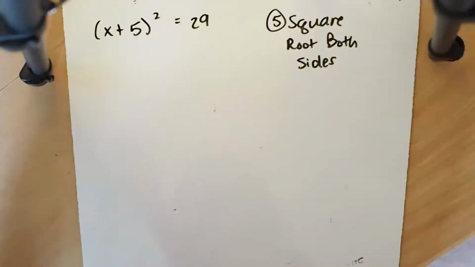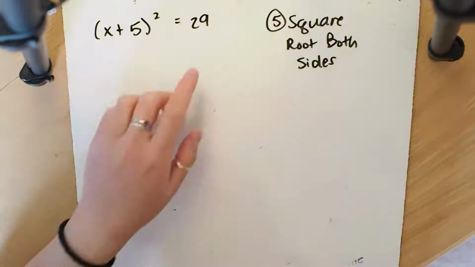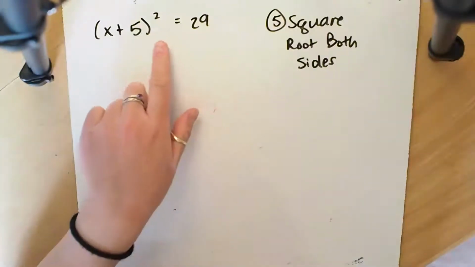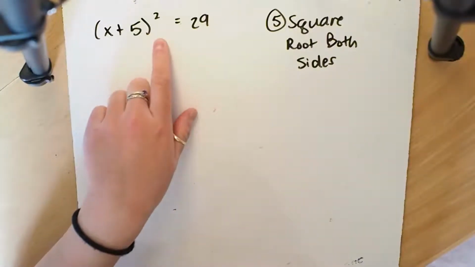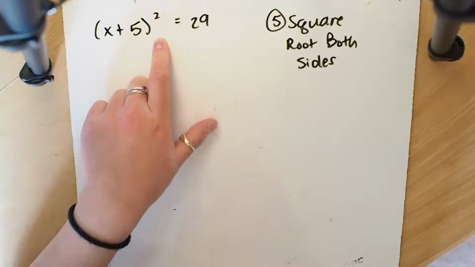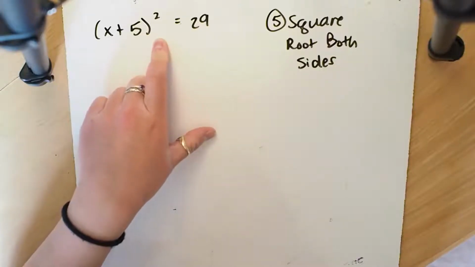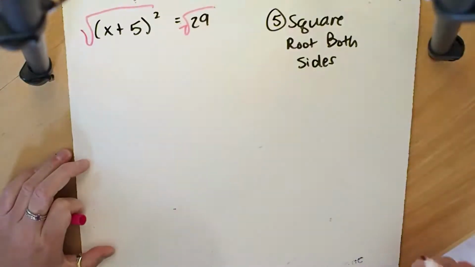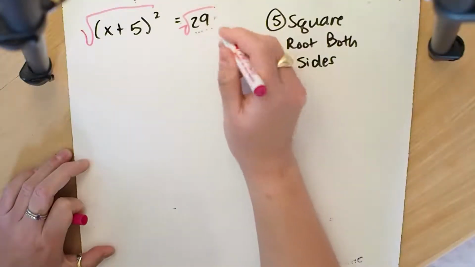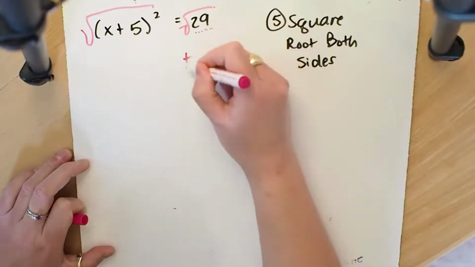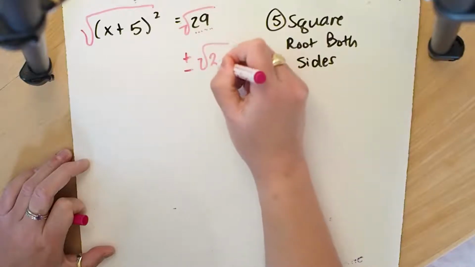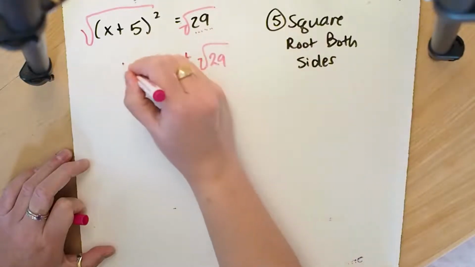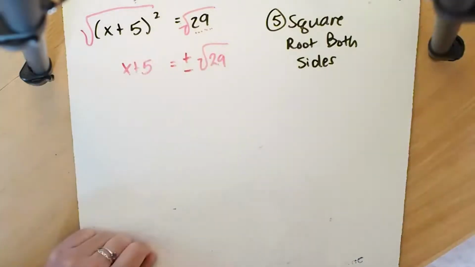In the past, when we were completing the square to rewrite expressions, I would have told you to move the 29 back over here. But because now we're solving the equation, that's not what we do. It's just like yesterday's homework. We can take the square root of both sides. Because 29 doesn't have a perfect square root, we just write plus or minus the square root of 29, and we get x plus 5. Don't forget the plus or minus.